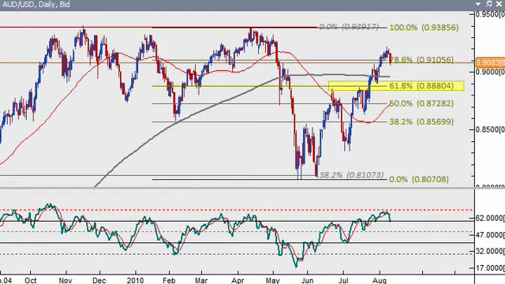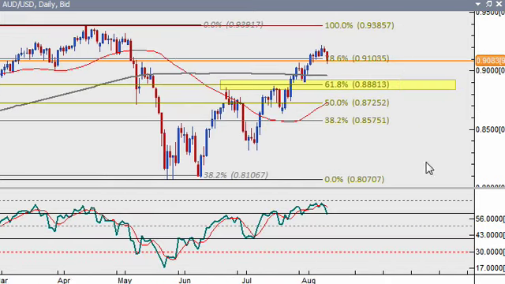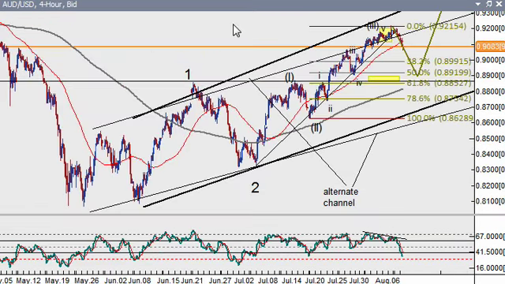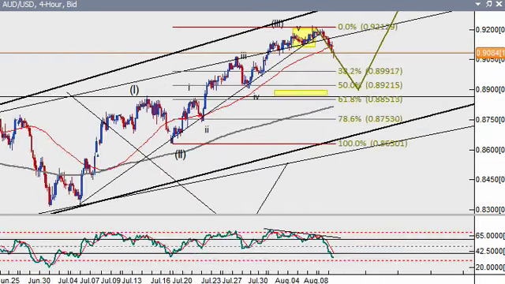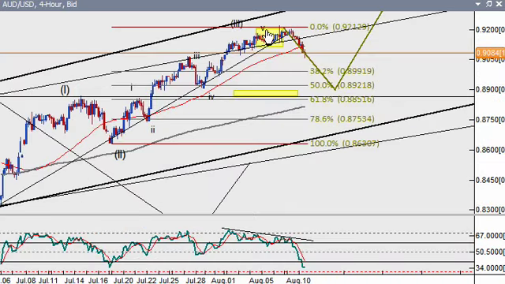Now looking at the Aussie, it has been very strong, and just like any dollar crosses, the greenback is gaining. And here's a 4-hour look. We had anticipated this to be the end of wave 5 last week, so if this is, then we have this ABC or whatever correction, which is a larger wave 4, and that should not go below 0.88 for a bullish outlook.